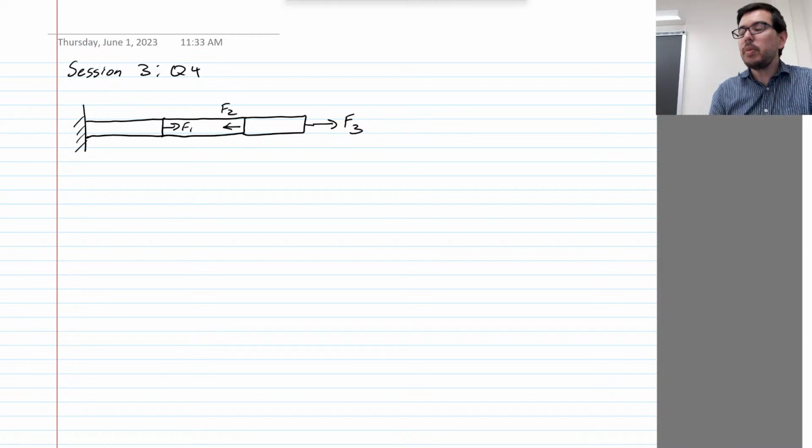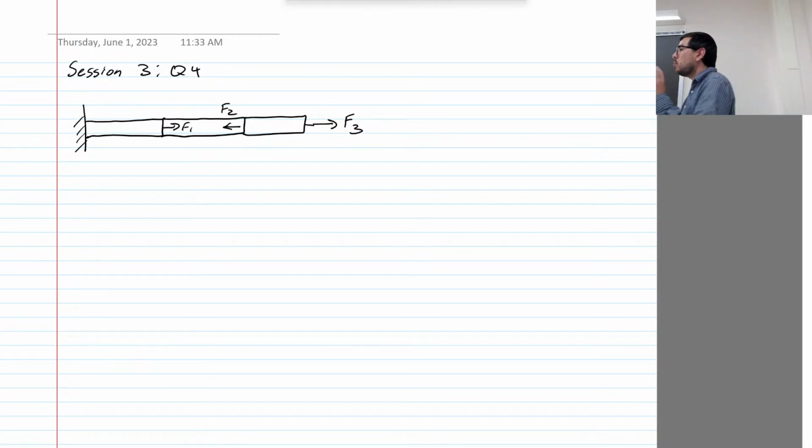There are three regions to this problem, something like this. You can correct me, but I think there's a force F3, a force F1, and a force F2. These three forces are acting together at the same time.